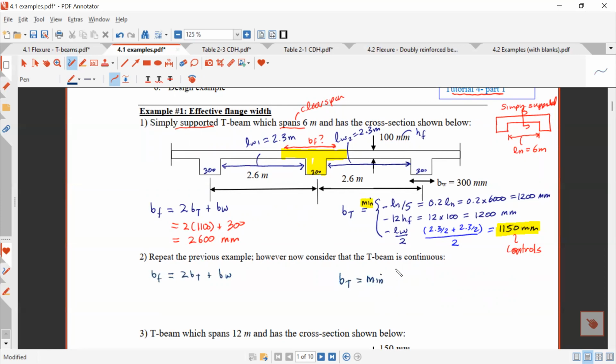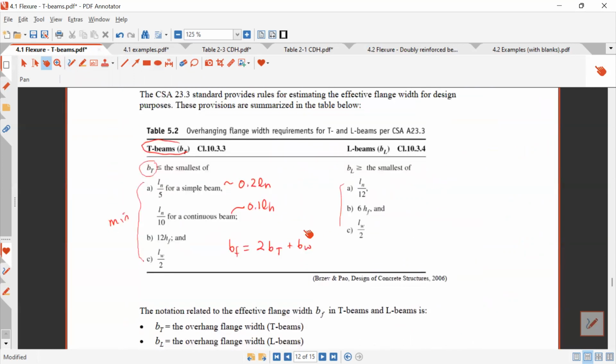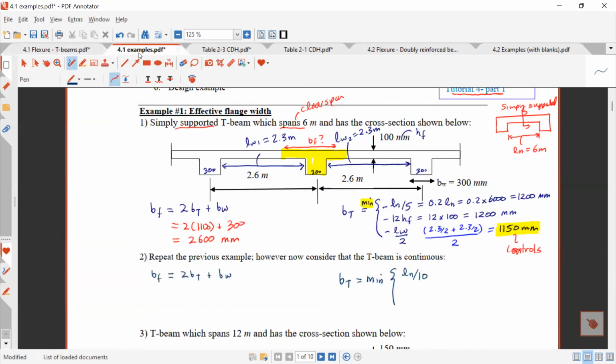Now it's the minimum of ln over 10. You have to go back to these notes. We said here that if it's a simply supported beam, we have ln over 5. For continuous beam, it's ln over 10. So we need to use ln over 10.